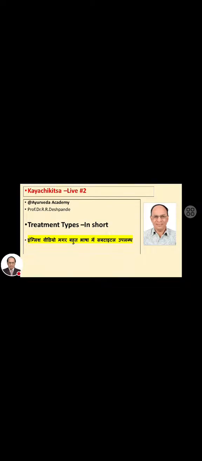Now, other treatments are called yukti vyapashraya and daiva vyapashraya. Yukti vyapashraya means with the Vaidya's logical thinking power, intelligence and experience, he tries to correlate the cause and pathogenesis, and then advises some management or treatment.